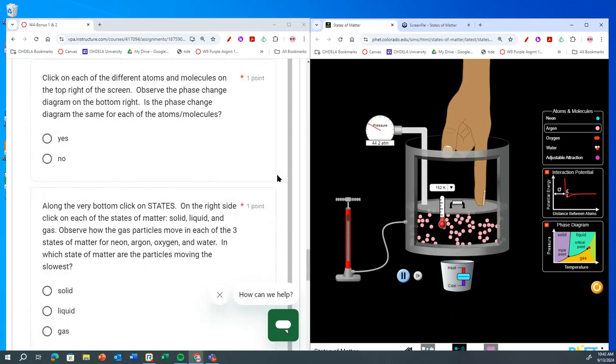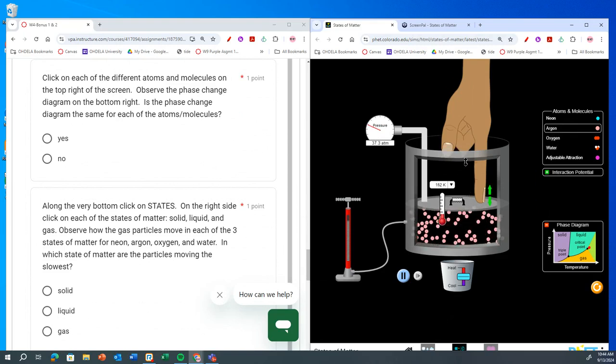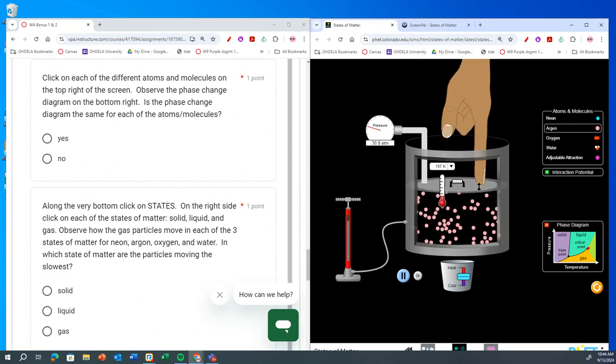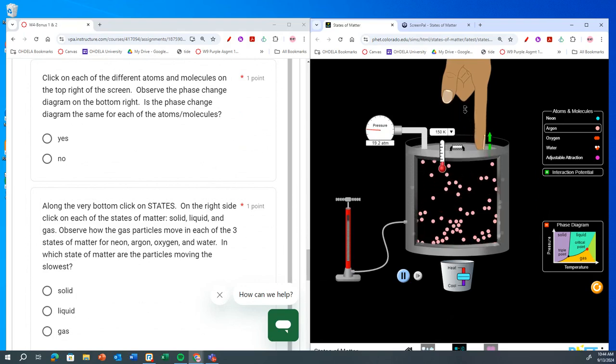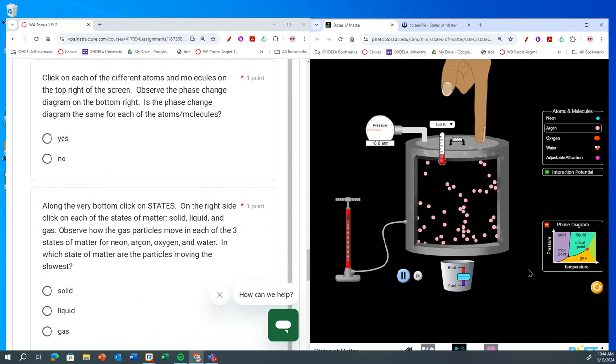Click on each of the different atoms and molecules at the top. Observe the phase change diagram at the bottom right. So here's the phase change diagram here. So we go back to regular atmospheric pressure. Okay. So here is neon.